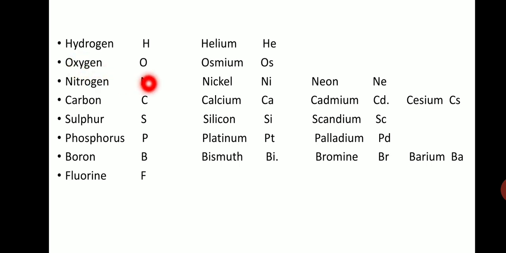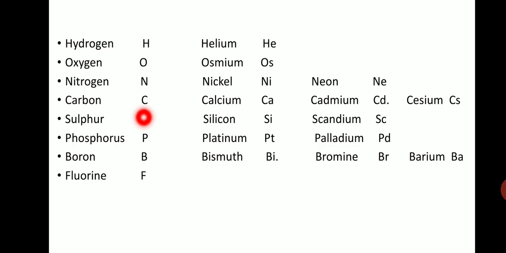Oxygen we represent as O, but osmium, since O is already used, it is Os. Nitrogen is written as N. Nickel is written as Ni, since we use the second letter. Neon is written as Ne.